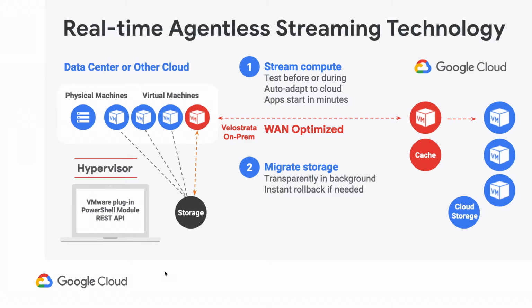So from that point on, all the data is in the cache, so there's no latency, right? But in cases where you need to grab data that has not been cached yet, what happens is we go back on-prem, read that certain block, and read the blocks around it, and we stream those proactively in the background.